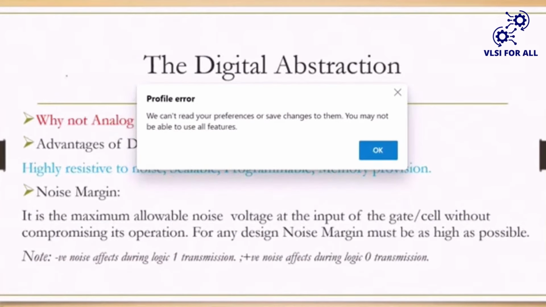Now, see team, as it is digital, we think from the books that the maximum value is 5 volts and the minimum value is 0 volts. 0 volts is logic 0, 5 volts is logic 1.